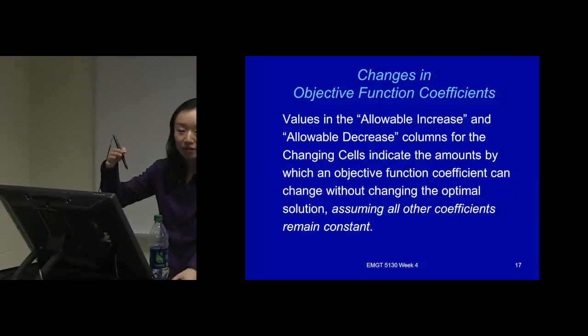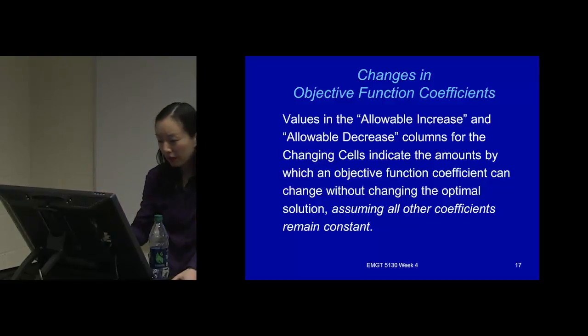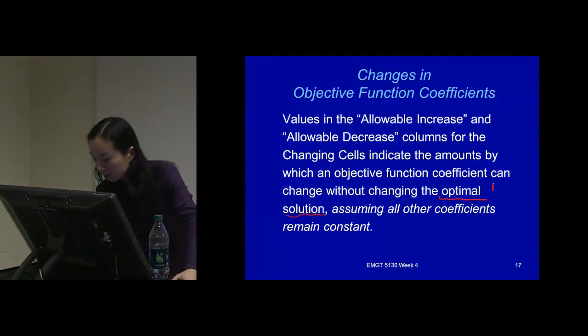Since the coefficients change, the objective function value will change for sure. A common mistake students make is to say that's the allowable increase or decrease for the objective function value to remain the same. It's not right, because your coefficient changed. How come your objective function value does not change? It's only about the optimal solution, which means the decision variable values.